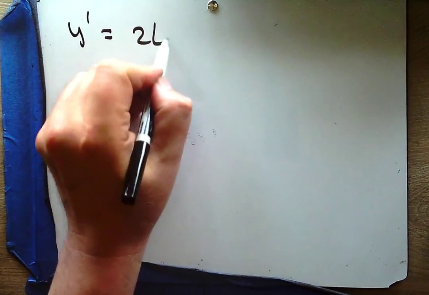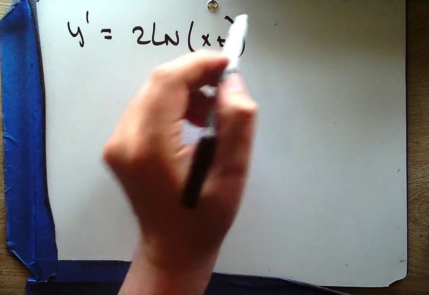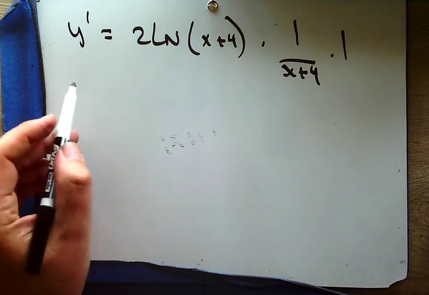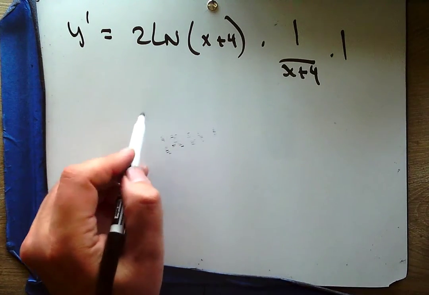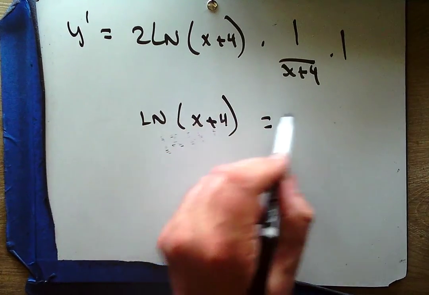Okay. Y prime equals 2 ln(x plus 4) times 1 over x plus 4 times 1. And I want to know when this is equal to 0. So that's the same as when ln of x plus 4 equals 0.